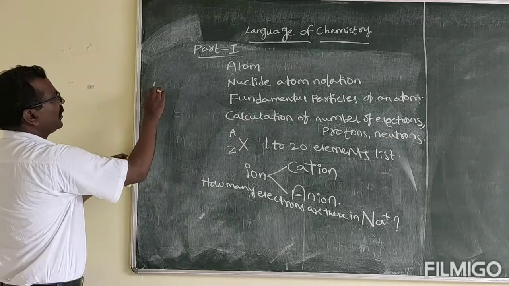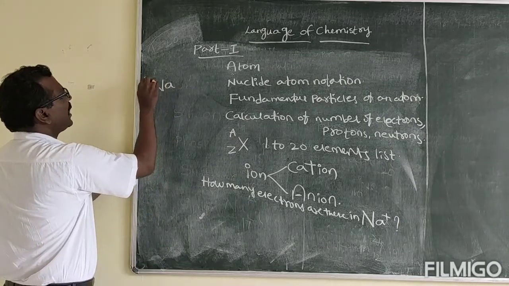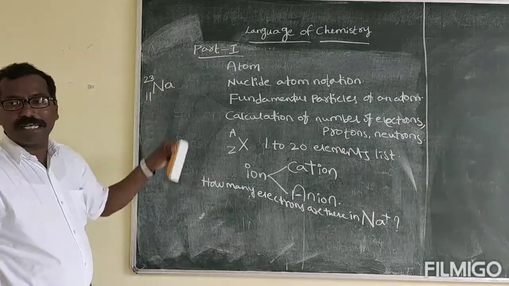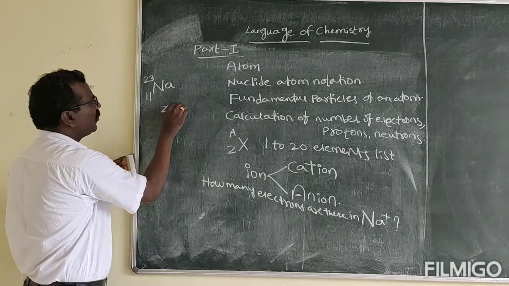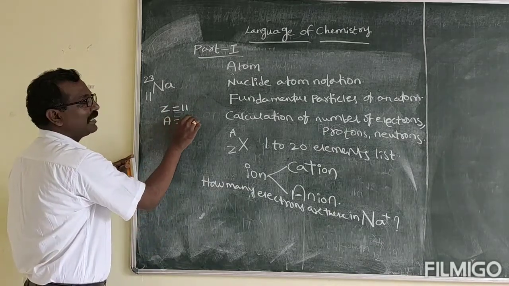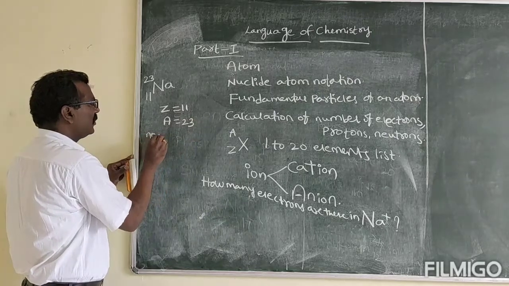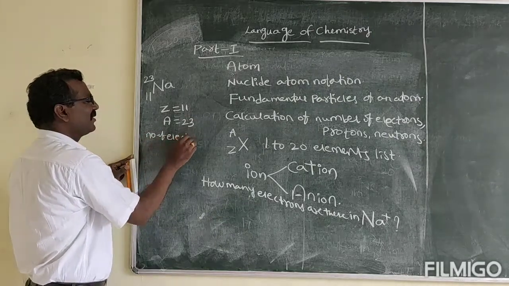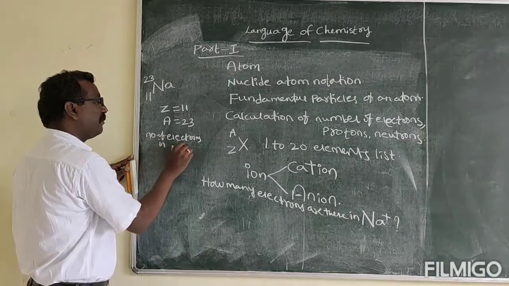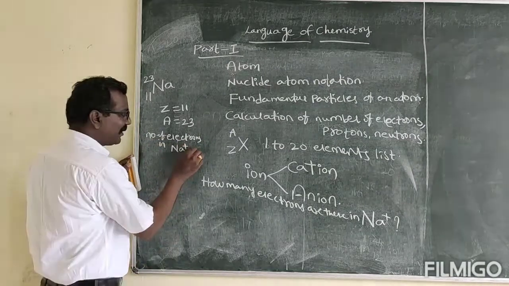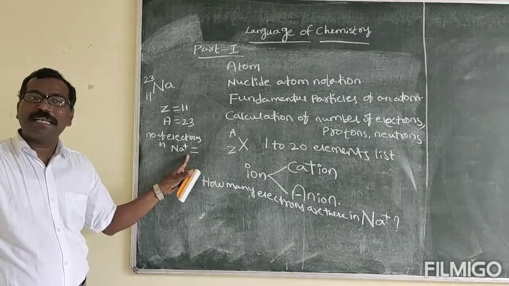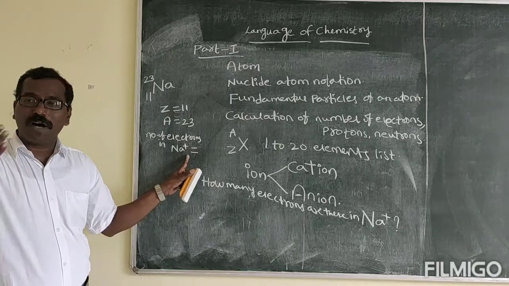We all know that sodium means Na 23 11. Here Z equal to how much? 11. A equal to how much? 23. So the number of electrons in Na plus is equal to, plus means how much has it lost?